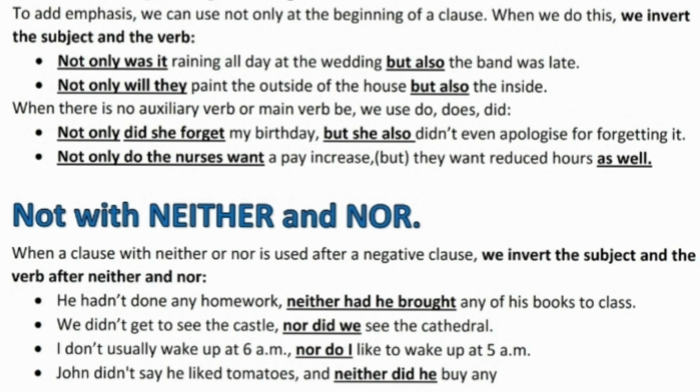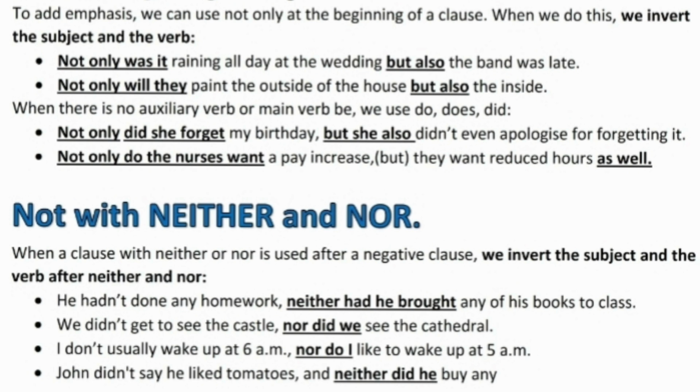So we can also have neither or nor. When a clause with neither or nor is used after a negative clause, we invert the subject and the verb after neither and nor. Example: he hadn't done any homework, neither had he brought any of his books to class.